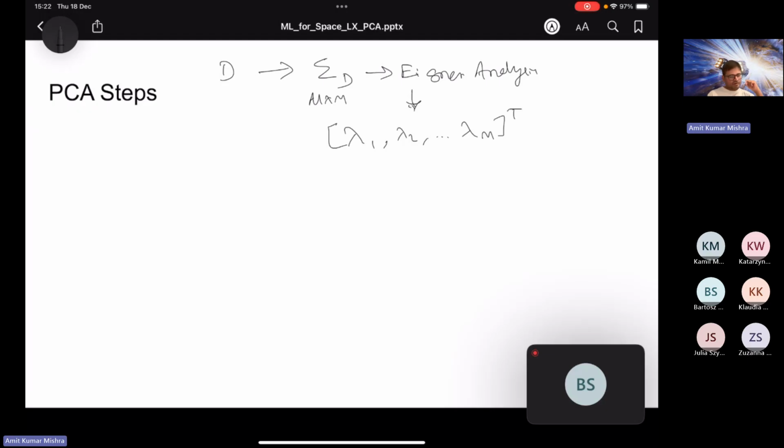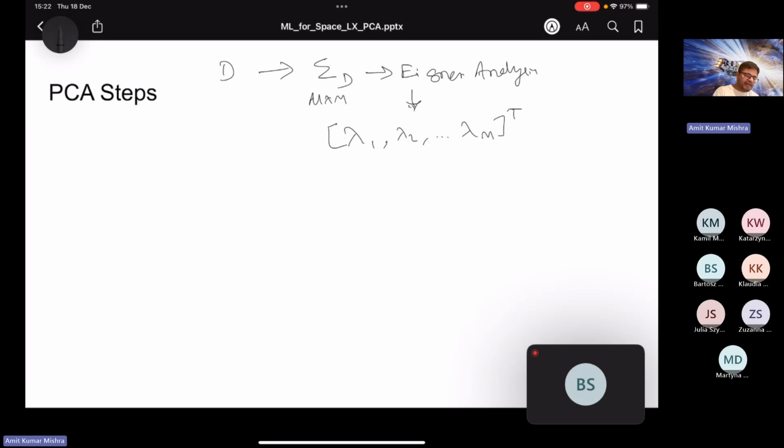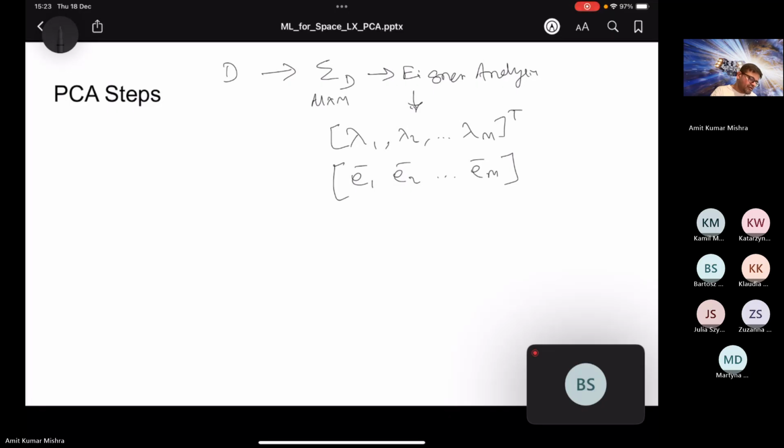Eigenvectors are always column vectors. Let's represent the corresponding eigenvectors as e1, e2, up to em, right? Each of these vectors has the dimension of m rows and 1 column, so in total this matrix is also m cross m.